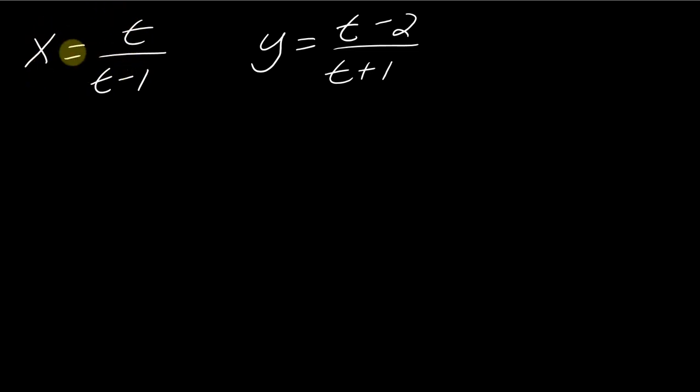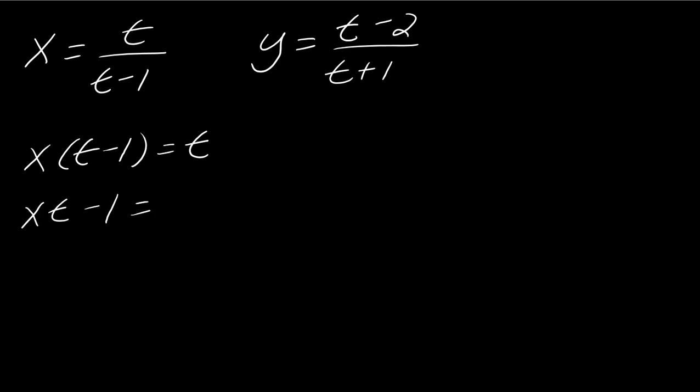So what I can do is multiply both sides by t minus 1. So I have x times t minus 1 will equal t. And I'm trying to solve this for t. So I'm going to distribute. This becomes xt minus x equals t.